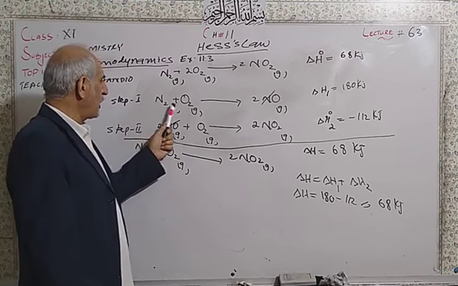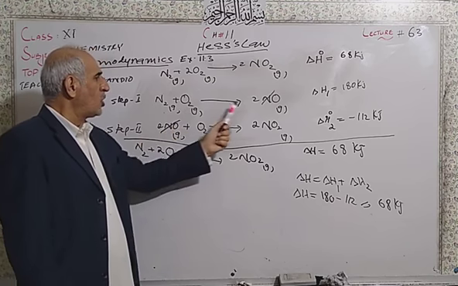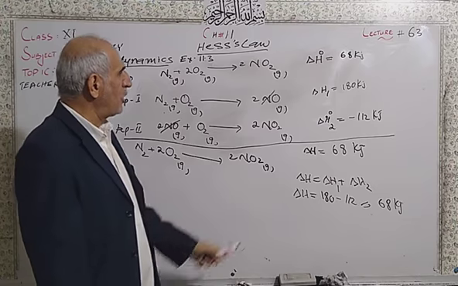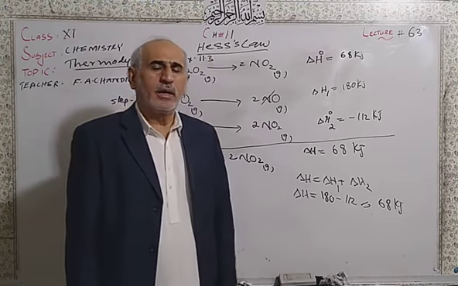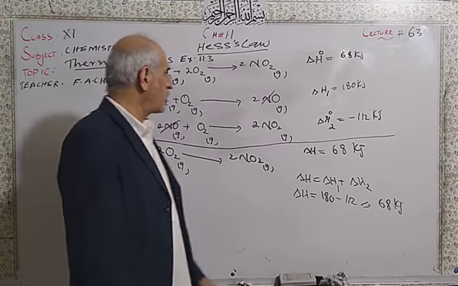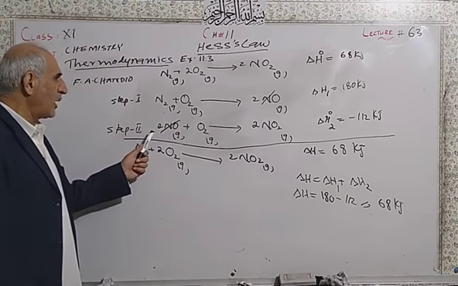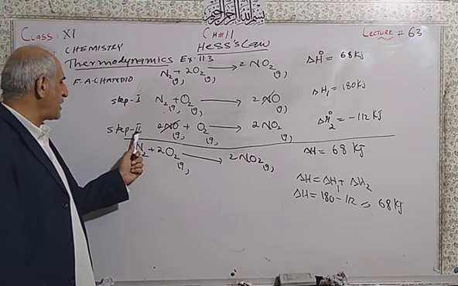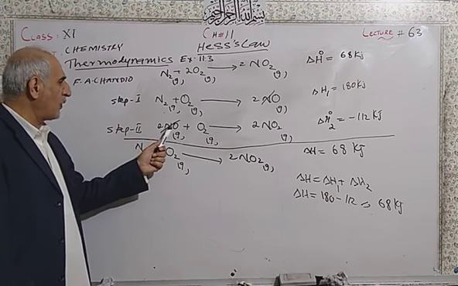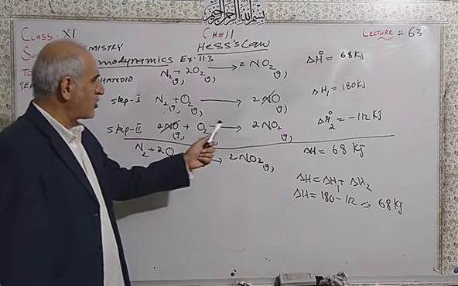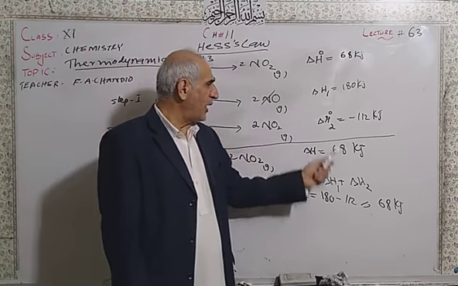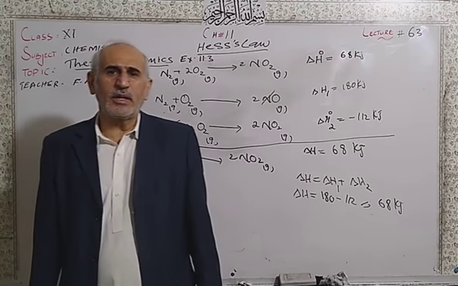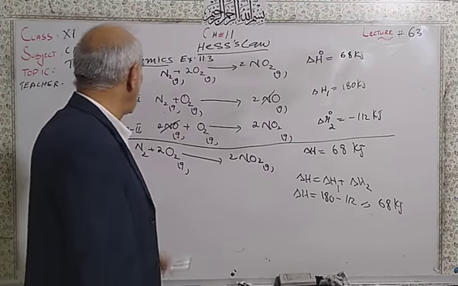So this is the nitrogen gas and oxygen gas to form 2 moles of nitrogen monoxide gas, delta H1 is 180 kilojoules. Then the chemical reaction is not yet complete. In step number 2, 2 moles of nitric oxide and oxygen gas make 2 moles of nitrogen dioxide. So delta H2 is equal to minus 112 kilojoules.